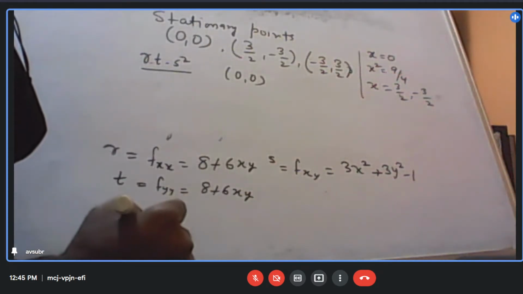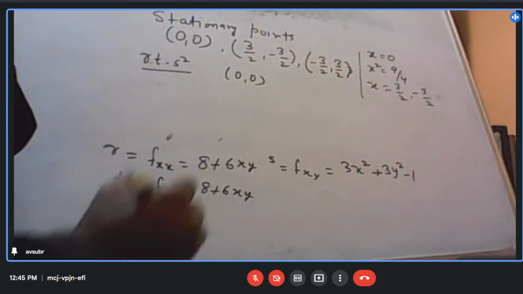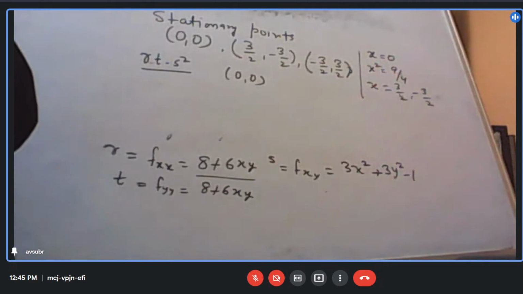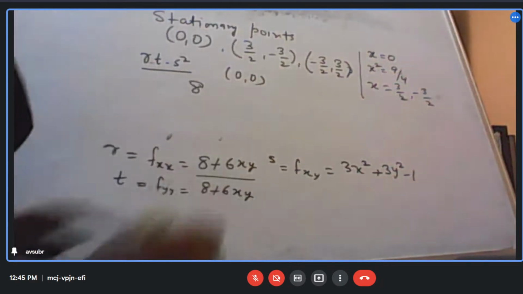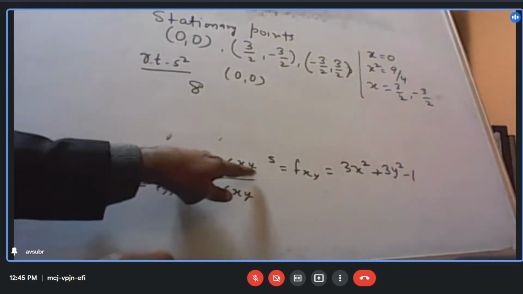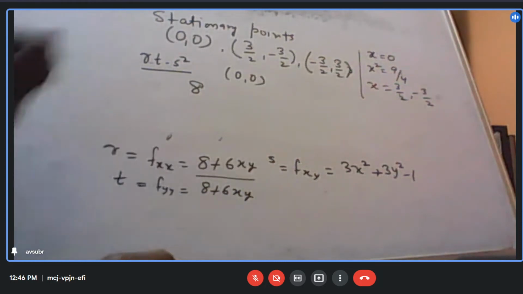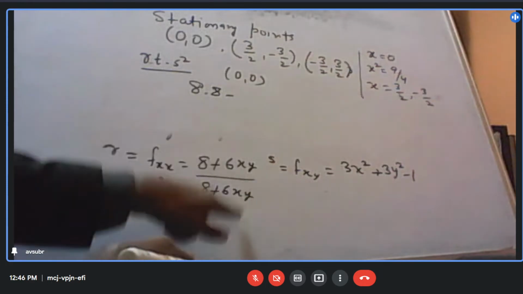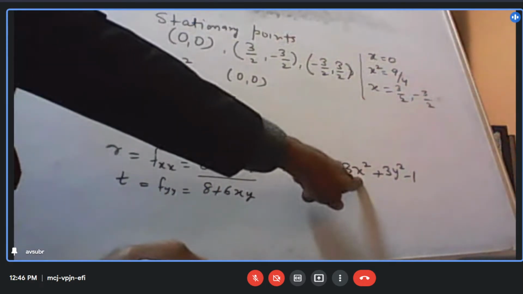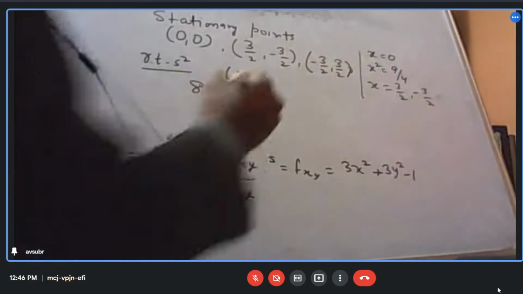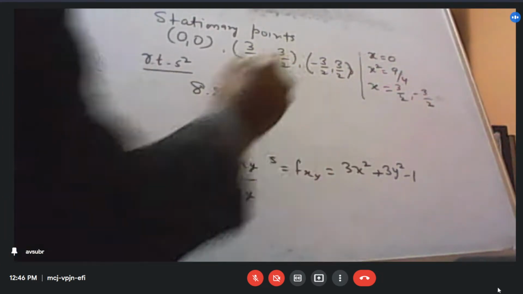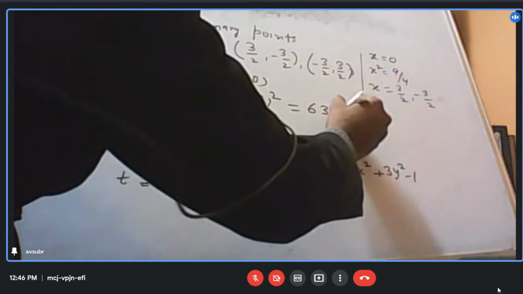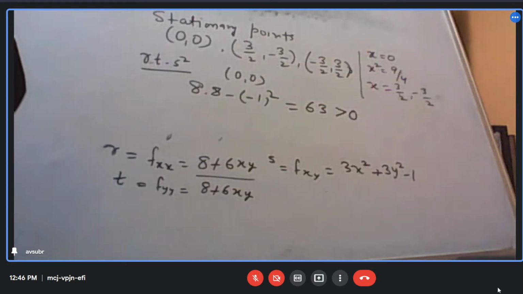Here r at 0, 0 is 8, putting x equal to 0, y equal to 0. t is again 8, isn't it? And s is 3x square plus 3y square minus 1, which is minus 1. So 8 into 8 minus (minus 1) square will be 63. Is it positive? Yes, it is positive.